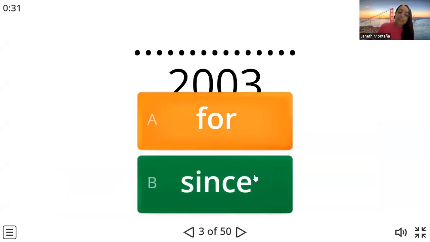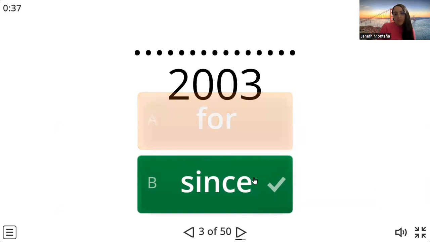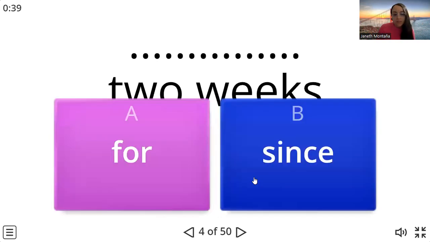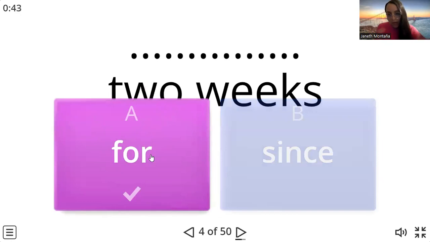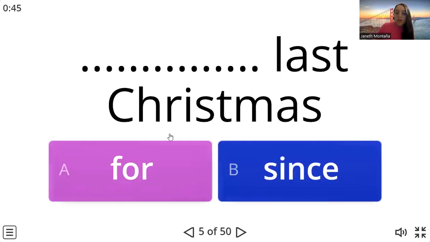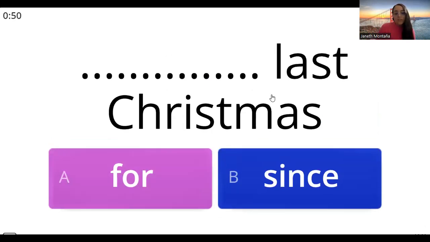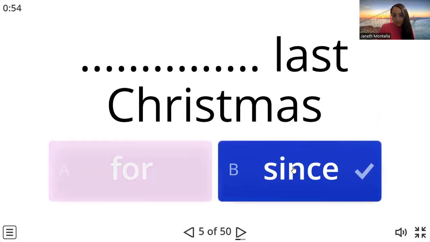Since or for? Since, because it's a specific time: since 2003, that was the moment when it started. For 2 weeks, because it's a short period of time. This is more specific, so in this case we have since last Christmas.